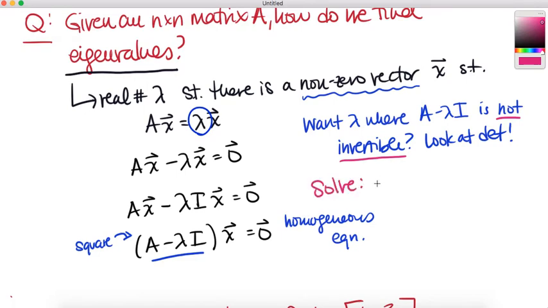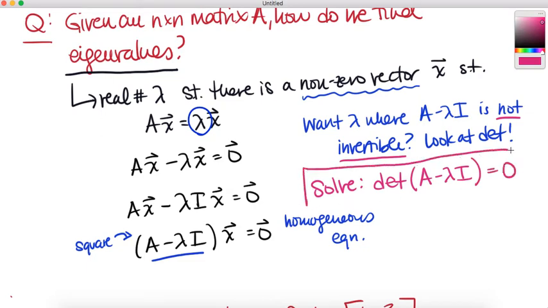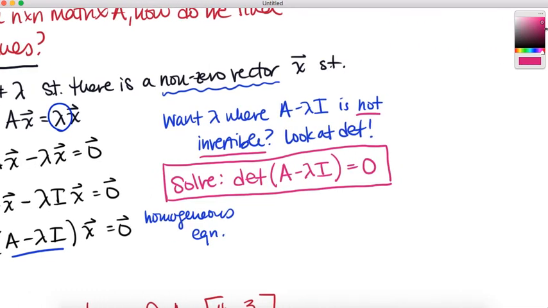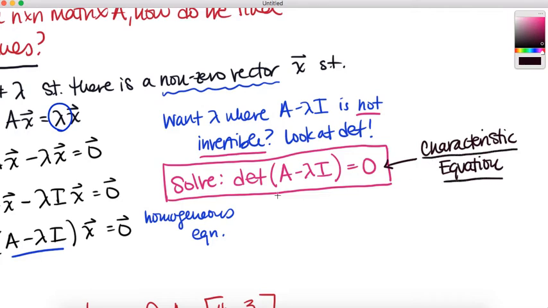So we're changing this into an equation where we want to figure out when this determinant is 0. This equation is the characteristic equation. When we talk about finding the characteristic equation of a matrix, this is what we mean: the determinant of A minus lambda I is equal to 0.